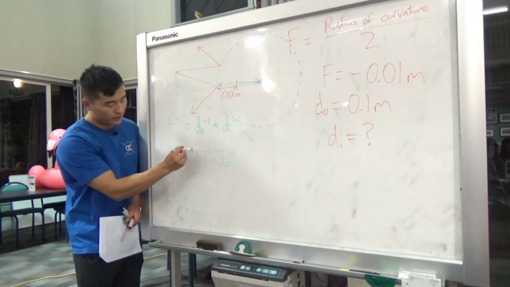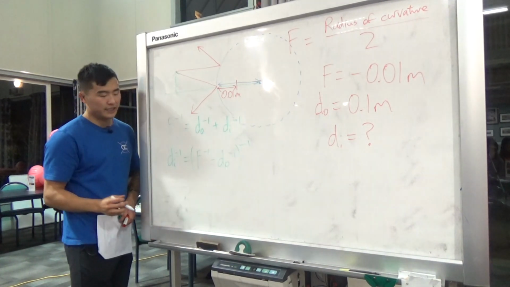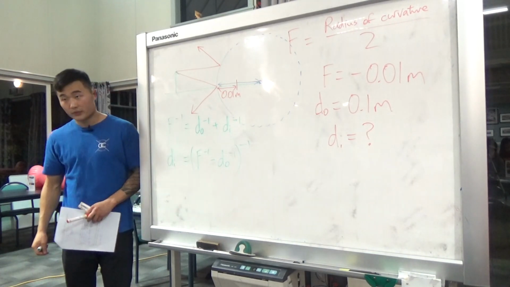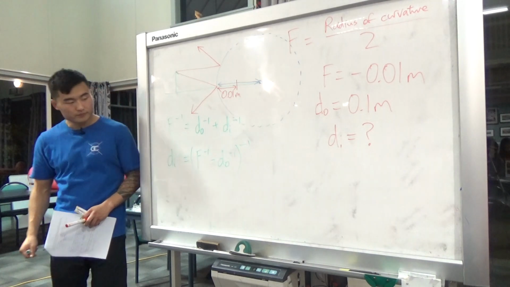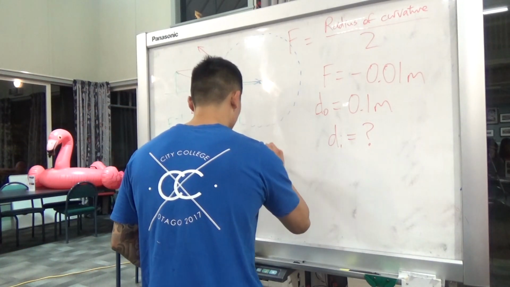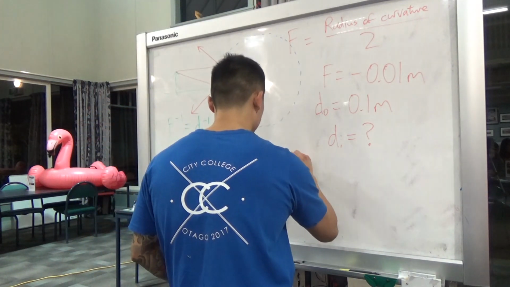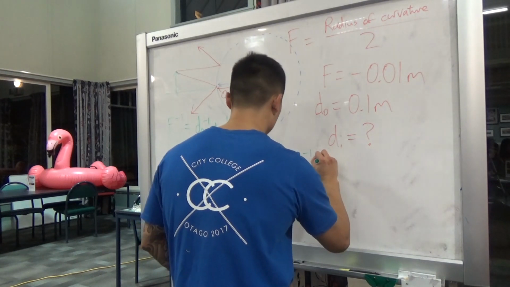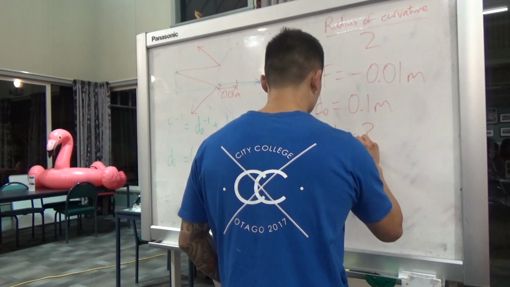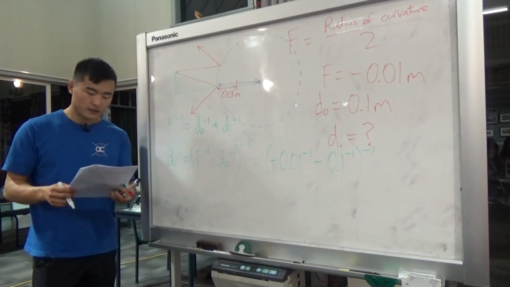So you put brackets around here and then raise that to the negative 1, and that gets rid of the negative 1 on this side. Cool. So we're going to have focal length, which is negative 0.01 to the negative 1, minus DO, which is 0.1 to the negative 1, bracket, and then all of that to the negative 1.